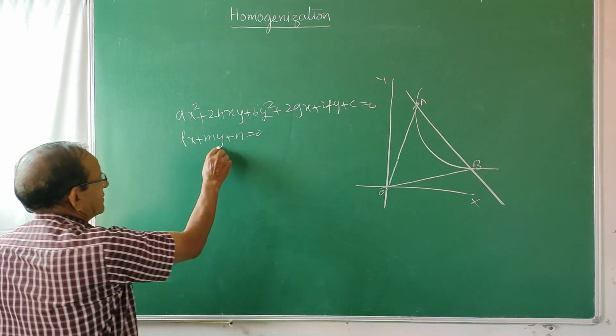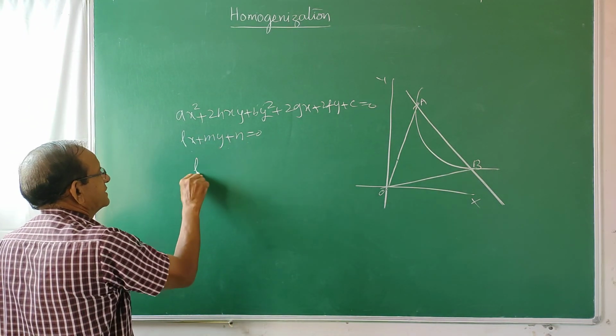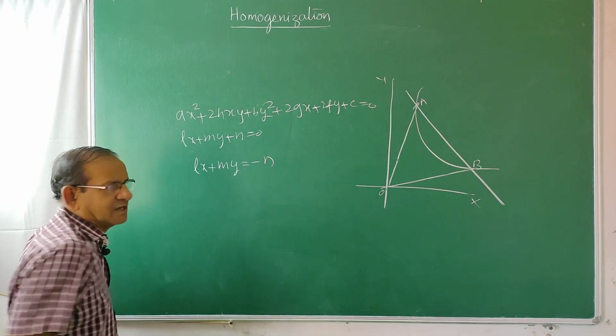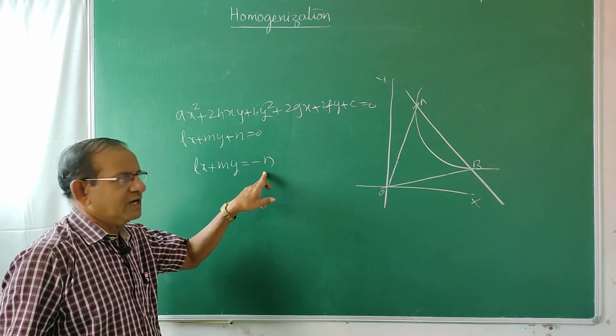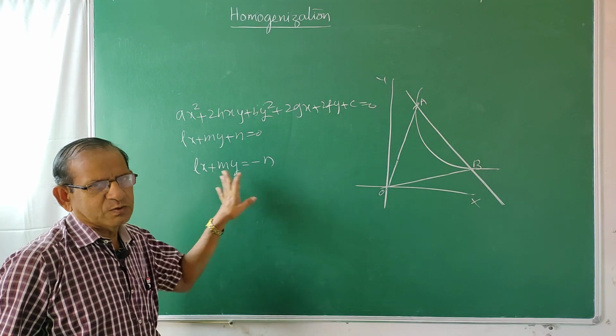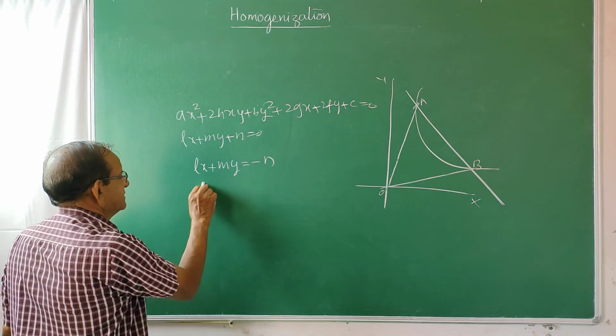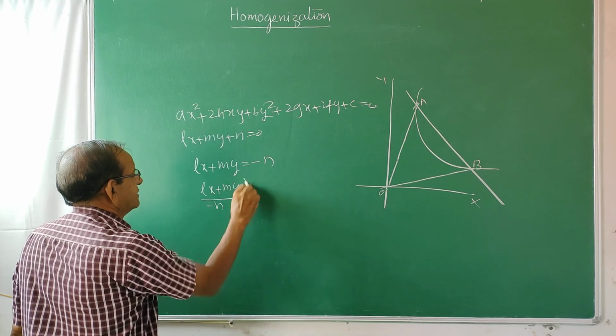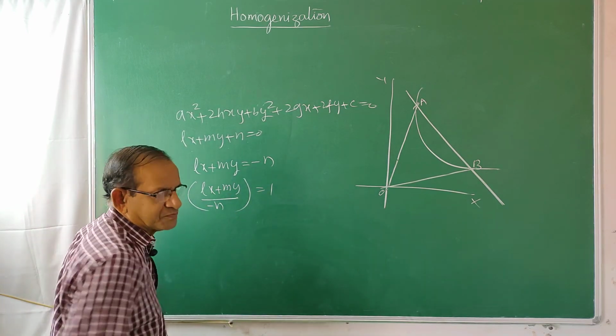First of all, you have to make this line equal to 1, that is lx plus my is equal to minus n. To get 1 on the right side, divide both sides by minus n, that is lx plus my by minus n is equal to 1.